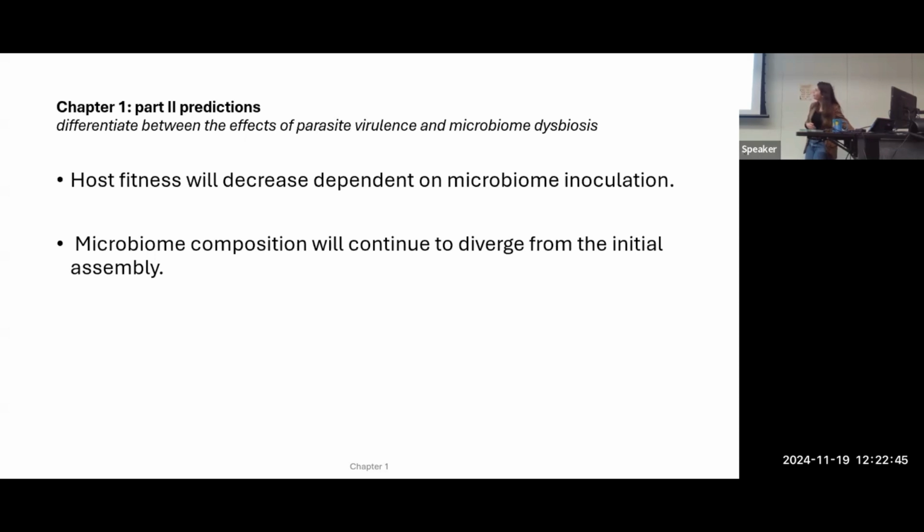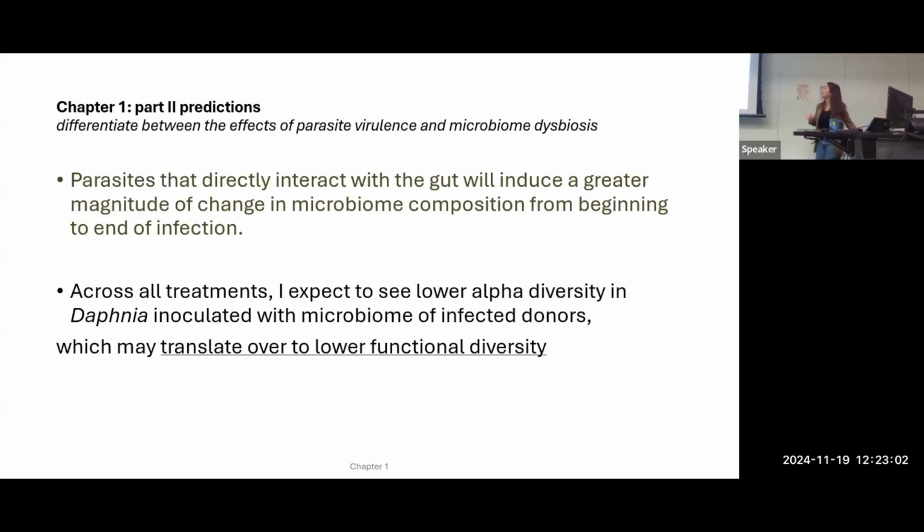I also expect that because they're going to be kept in axenic conditions outside of that starting inoculum, we'll still see a change in the microbiome composition, but this will be more abundance based as some species are able to better survive under these conditions. And again, across all treatments, I expect lower alpha diversity, and I expect that to parallel with lower functional diversity as well. As they start to lose symbionts, they lose the potential to have these adaptive responses to other stressors or other potential.